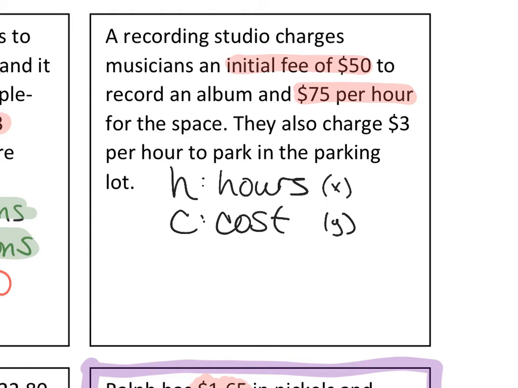What's so special about what I've highlighted in the first sentence? Initial fee you add, and then 75 per hour you add. The per is the slope. I'm multiplying it by the x, or in this case the hours. And initial is my y-intercept, so that's the number by itself that I'm just adding.